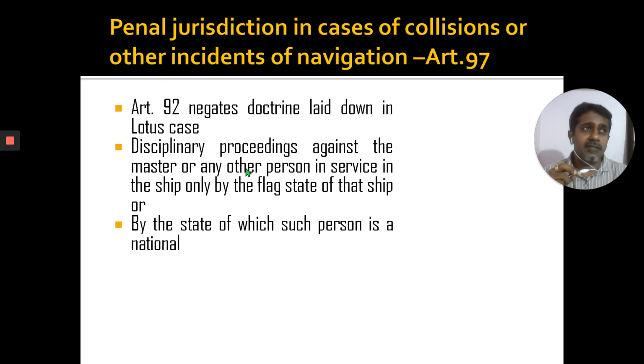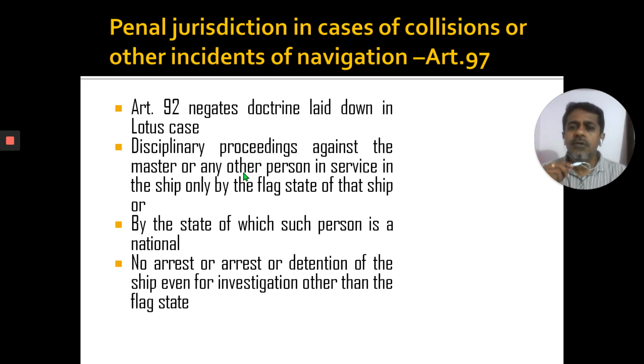As we discussed in personal jurisdiction in the previous class, if that master or that person in the service of a ship belongs, obviously, to some nation, and that nation wants to exercise its jurisdiction on such a person, then such jurisdiction can be exercised based on what we call the active nationality principle, which we discussed in the previous class.